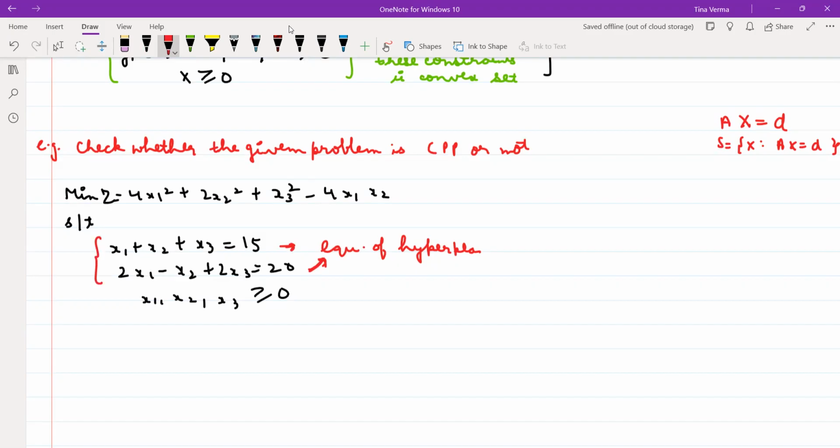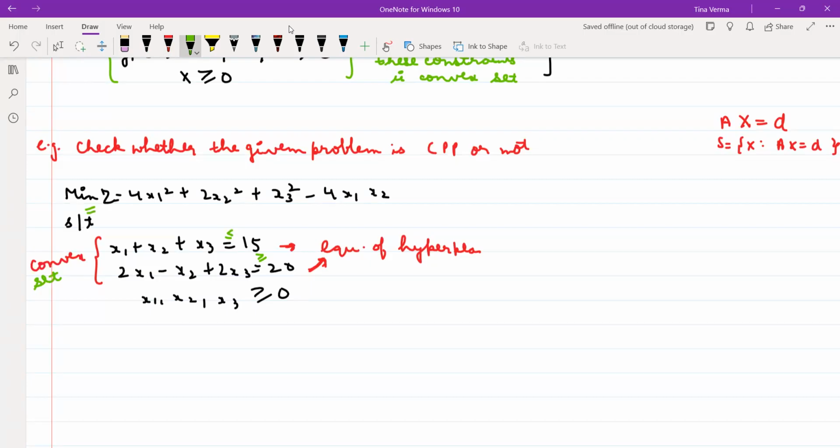The intersection of two hyperplanes will also be a convex set. Even if you take the inequality here as less than or greater than, we have also done that the closed half spaces are my convex sets. So the intersection of convex sets will also be a convex set. So in this case, this will form my convex set, right?